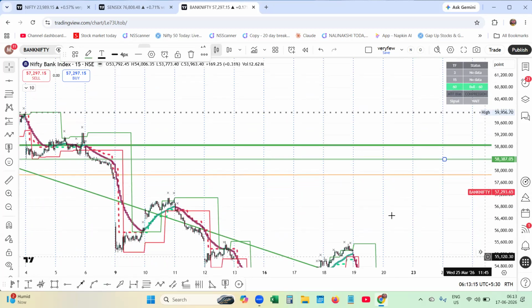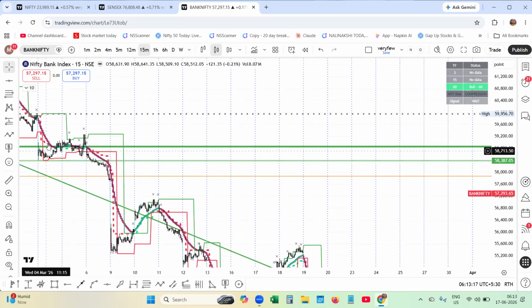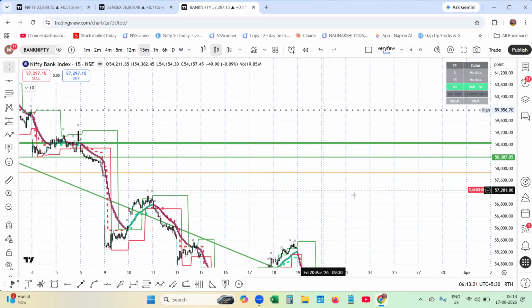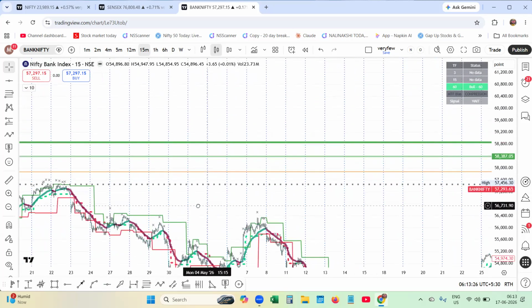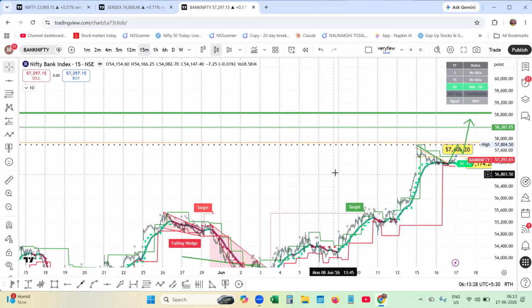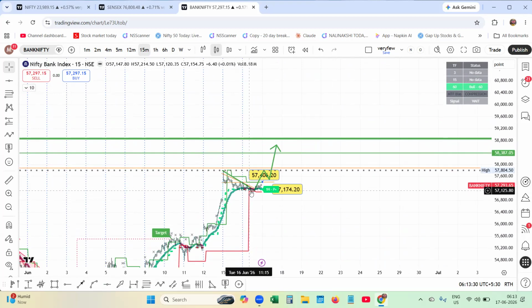From where the market has broken down, here you can see such a wide range breakdown, and the market is trying to, let us go there. So much price action.